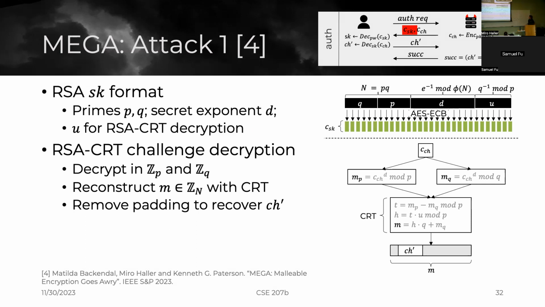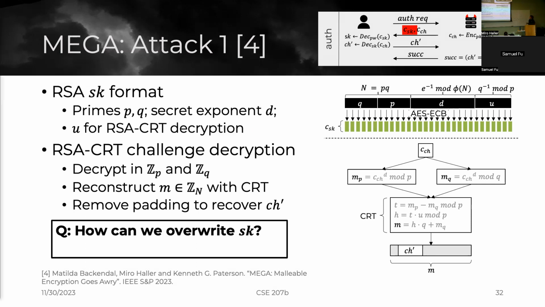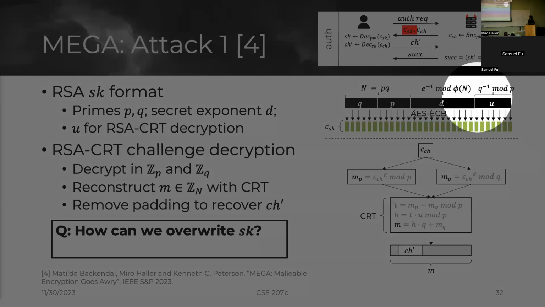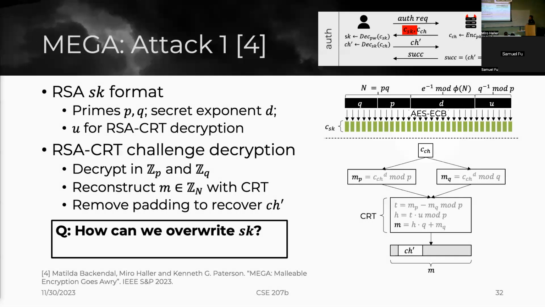All right. Yeah. So, does anyone have an idea? What I should have pointed out is they're using AES-ECB to encrypt their secret key, which is very well known to be the best possible encryption for your key.